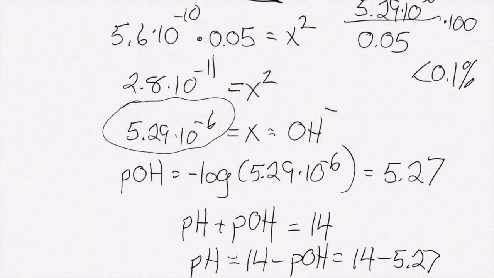So at the equivalence point, we've got a pH of 8.72. It's a weak acid, and we know weak acids at the equivalence point have pHs greater than 7. So this seems to fit in with what we know.